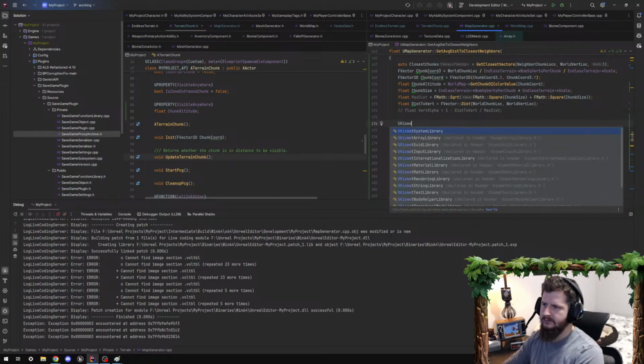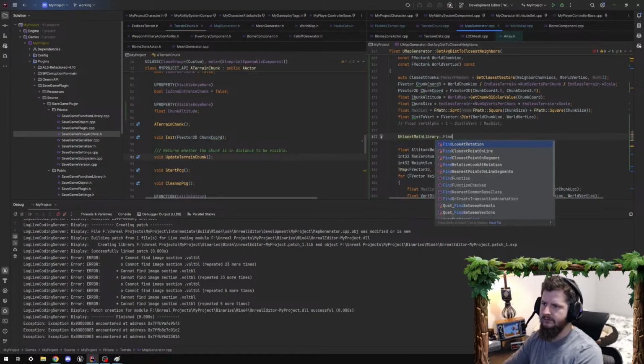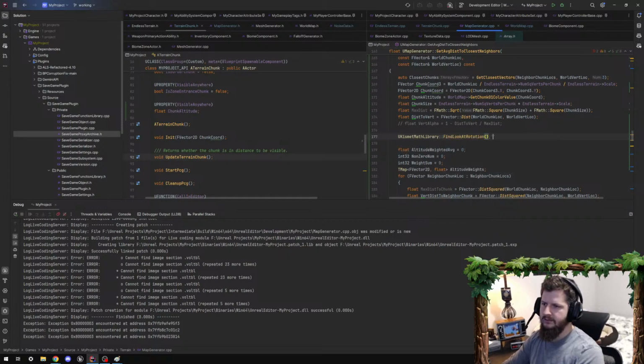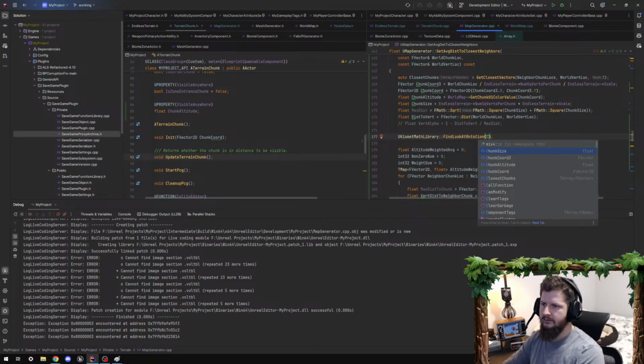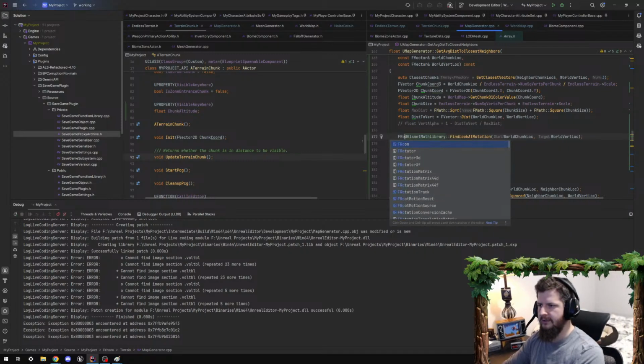Kismet's math library. Find look at rotation between two vectors, which is going to be world chunk location to world vert location, and so this gives me an FRotator.